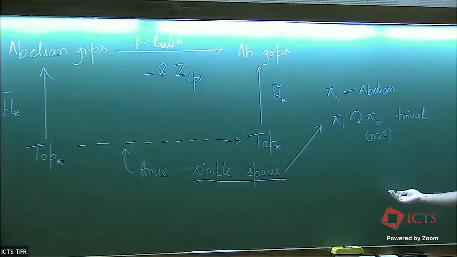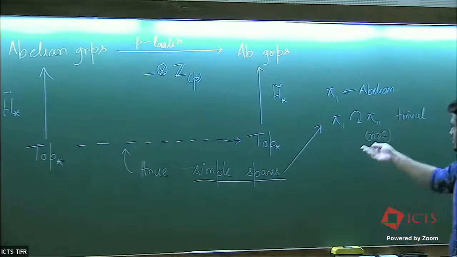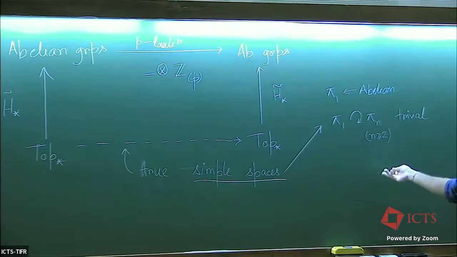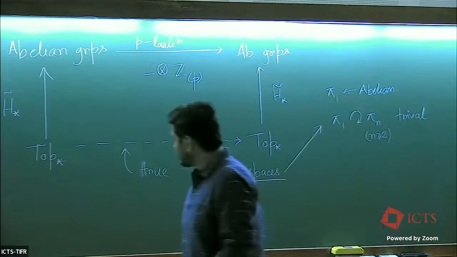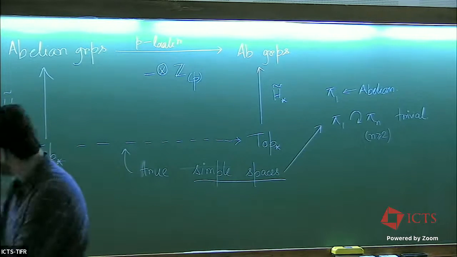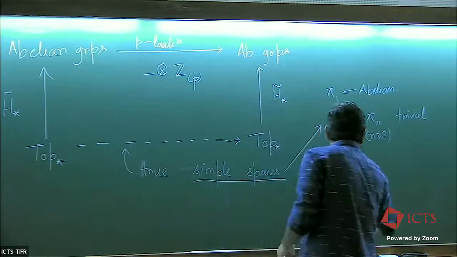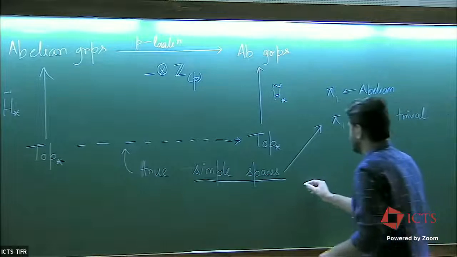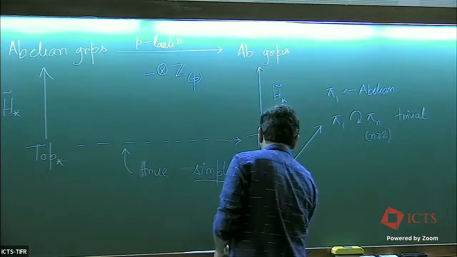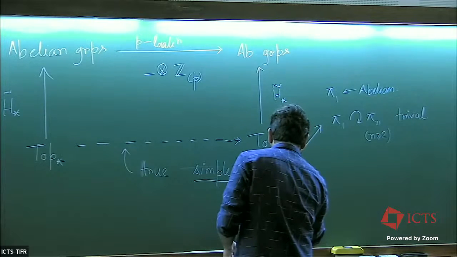So for example, we can talk about simply connected spaces. So pi1 is 0, so the action is trivial. Or we can take H spaces. So examples are simply connected spaces or H spaces.